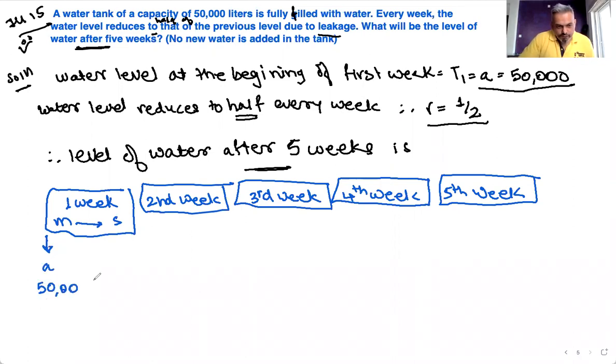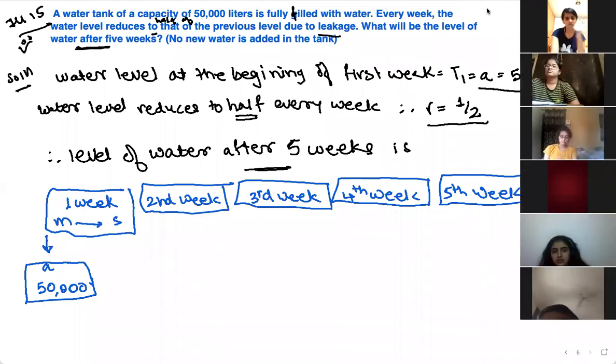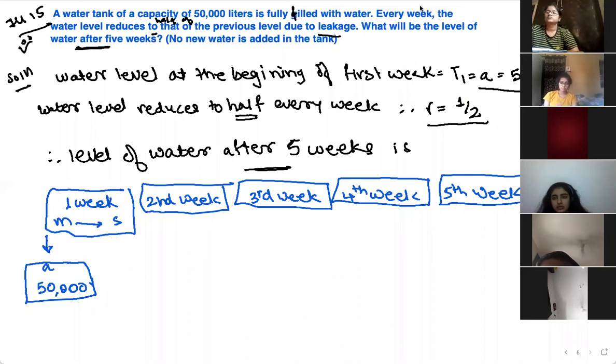So your tank was filled with 50,000 liters. So A. Then at the end of the first week, can I say the end of the first week is the beginning of the second week?